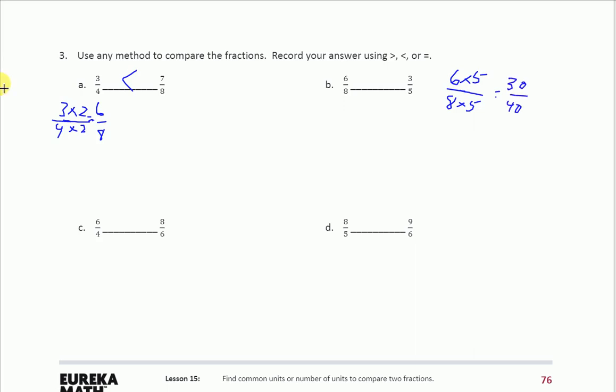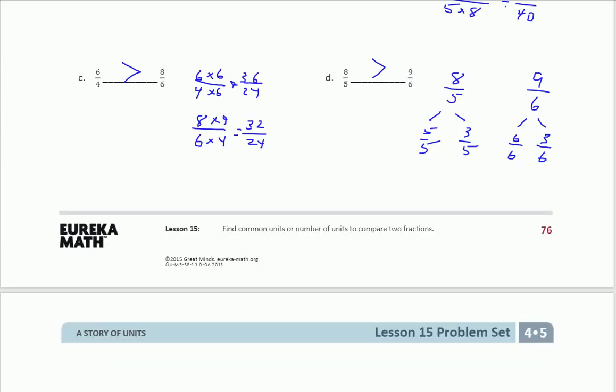Okay, and then I'll look at 3/5. 3/5, so 3 times 8 and 5 times 8. 8 times 3 is 24/40ths. So therefore, let's see, which one's bigger? 30 is bigger, so 6/8 is bigger. There you go. And pause the video and do the next two any way you like.